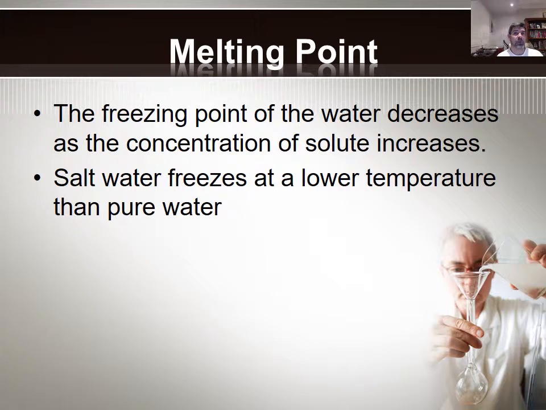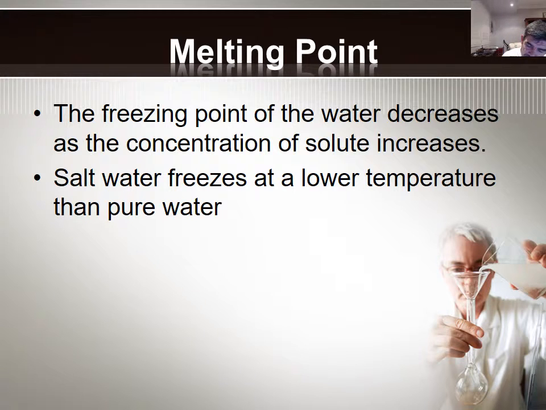Two other properties that we'll look at very briefly are melting point and boiling point. The interesting thing about melting and boiling point, which carries on from what we just talked about in the transition from ice to water, is that the melting point of water can actually be changed.